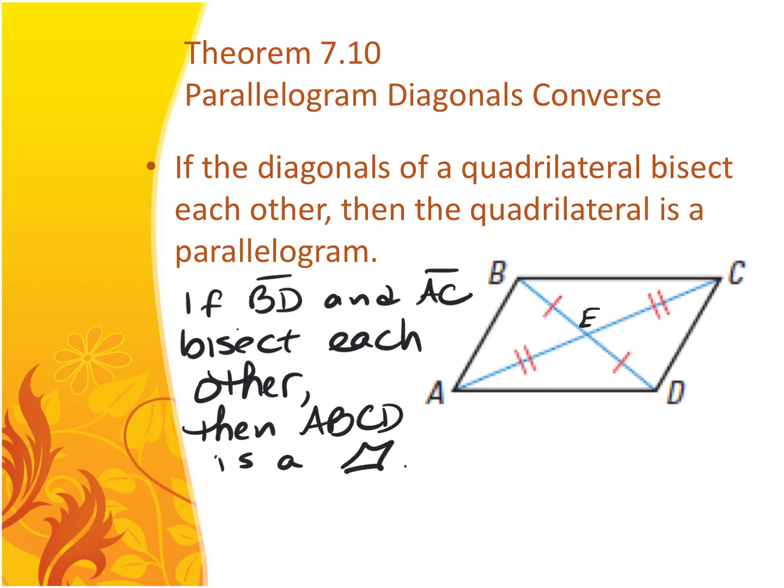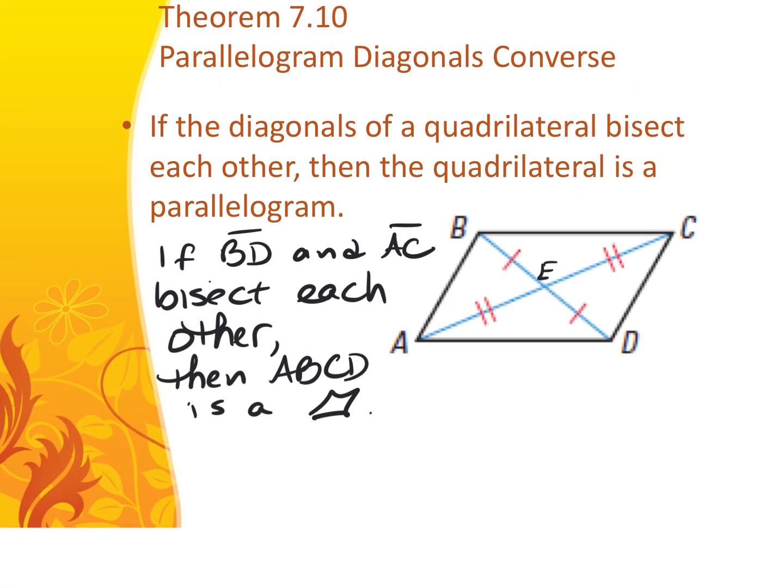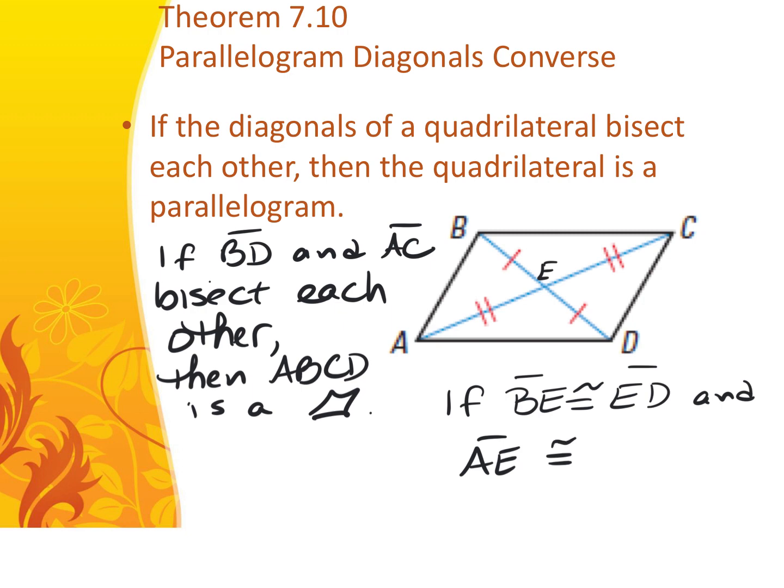That's one statement I could make based on the picture. Another statement I could say is if BE, because I added in that point E there, is congruent to ED, and AE congruent to EC, then ABCD is a parallelogram.